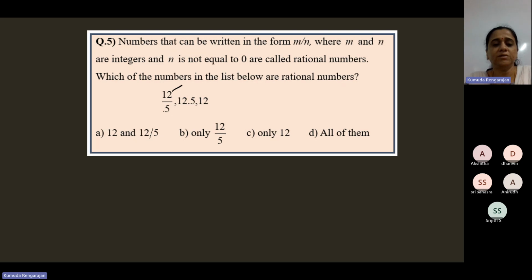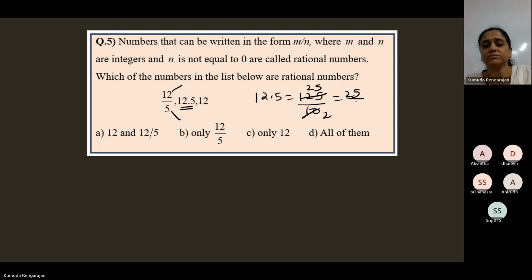This is integer by integer, a rational number. You can simplify this: 5 25s are 125, 5 2s are 10. So 25 by 2. Integer by integer, a rational number. It's a terminating decimal, so straight away it's a rational number.